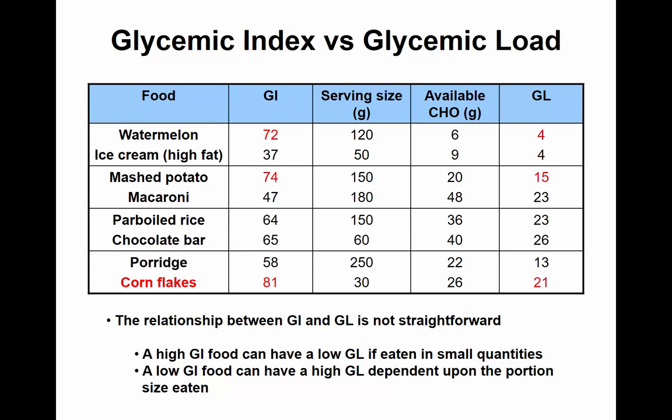And also something you need to know: if you just eat a small amount of high GI food, that probably will not have a significant impact on the blood glucose level, right? And vice versa, when you eat a lot of low GI food, you can also have a significant effect on the blood glucose level.